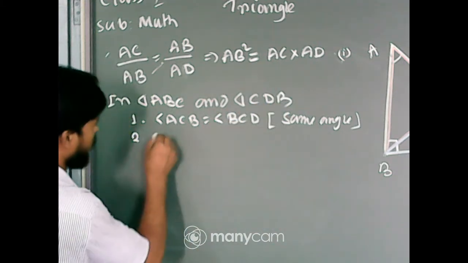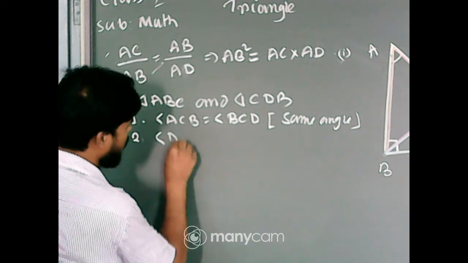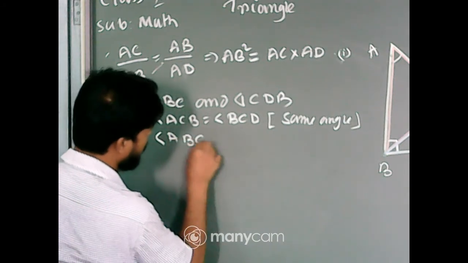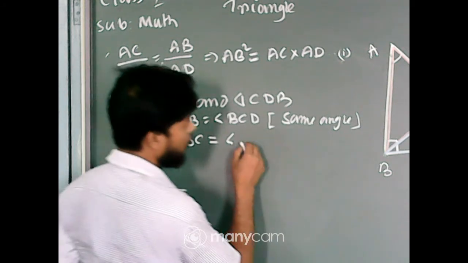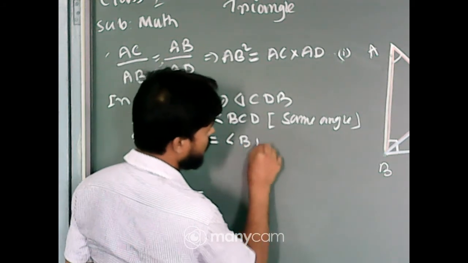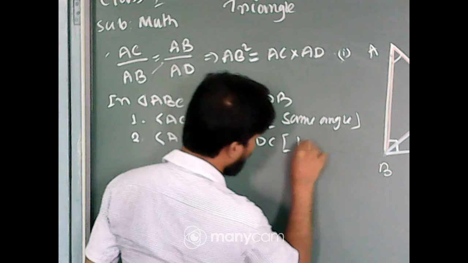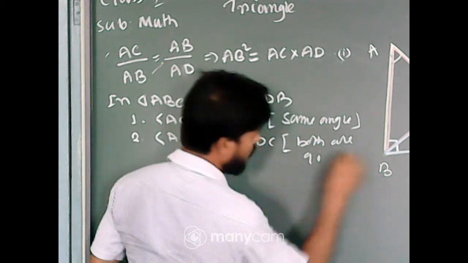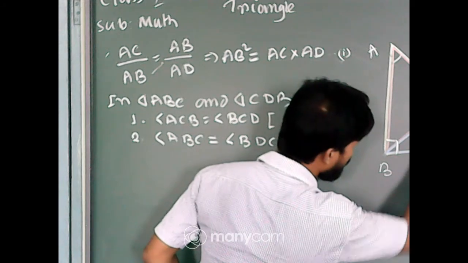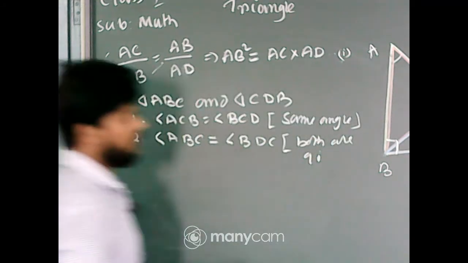So, the second condition is angle ABC is equal to angle BDC. Why? Both are 90 degrees. This angle is 90 degrees, and this angle is also 90 degrees.